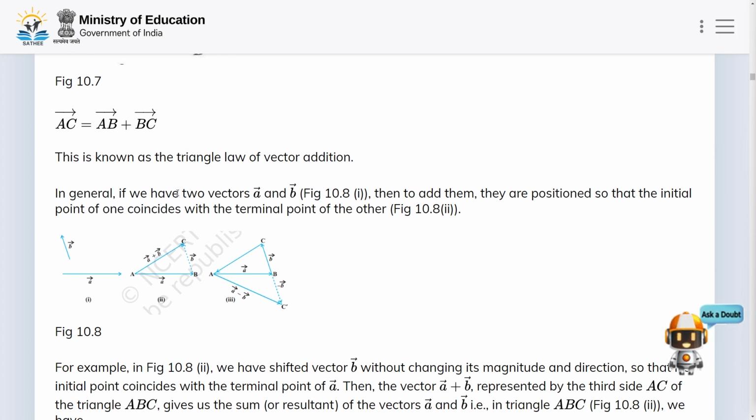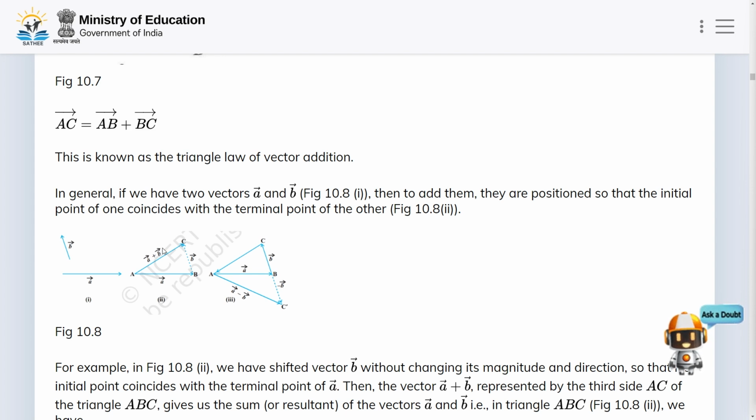In general, if we have two vectors, small a and small b, as you can see, then to add them, they are positioned so that the initial point of one coincides with the terminal point of the other.